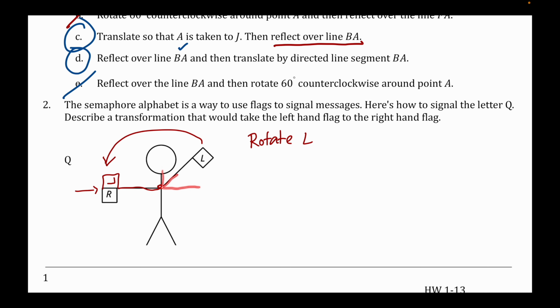It looks like this one's about half of that. So I'm going to say this is maybe 45 degrees, and this is 90 degrees.